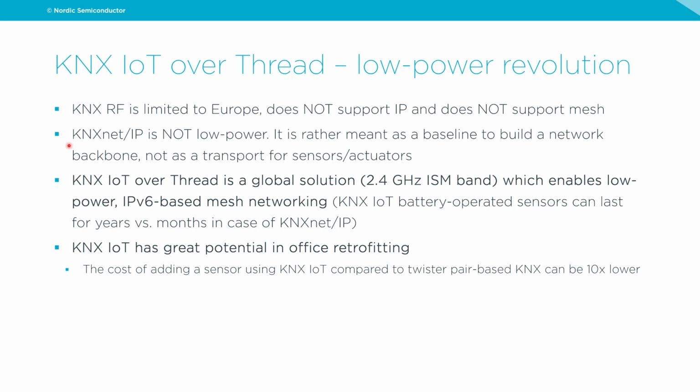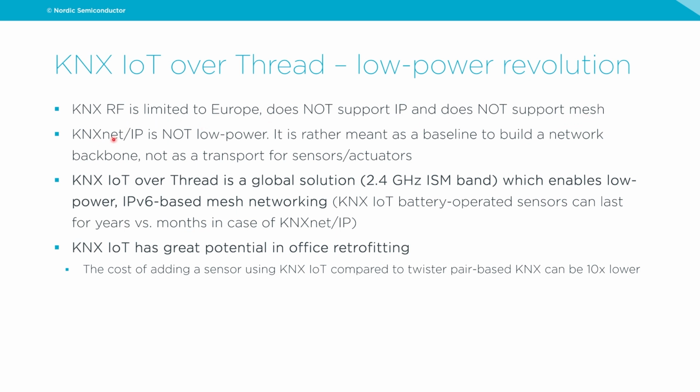So what does it mean that you can now use KNX IoT with Thread? This actually brings quite good benefits to KNX, because currently KNX RF is limited to Europe. So it's not a deployment that can be made globally. It does not support IP, and it also does not support mesh topology.